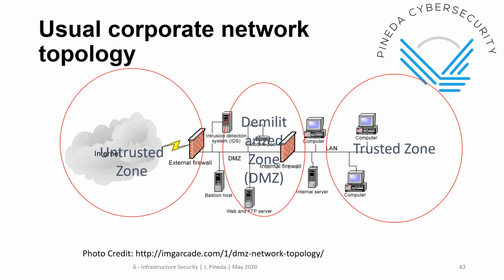So there's the untrusted zone, which is the internet. We have the DMZ, which consists of the servers, and the trusted zone, which is your corporate network.